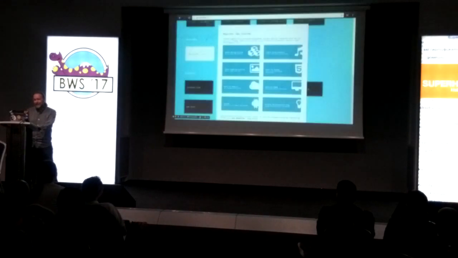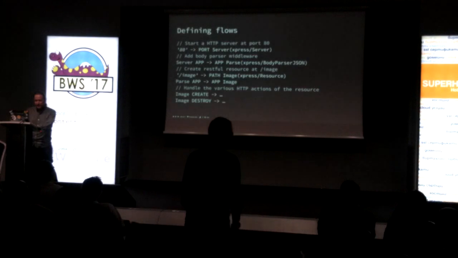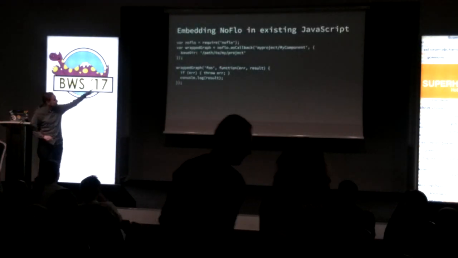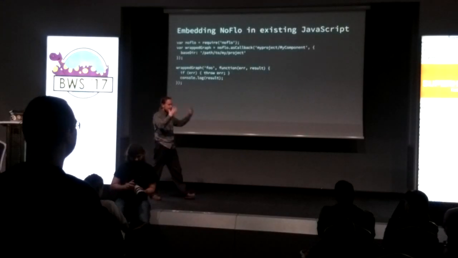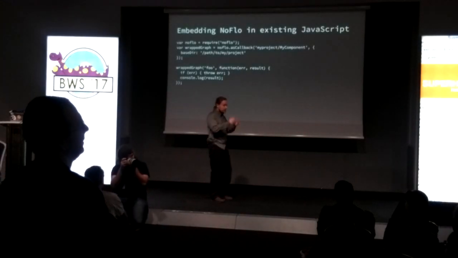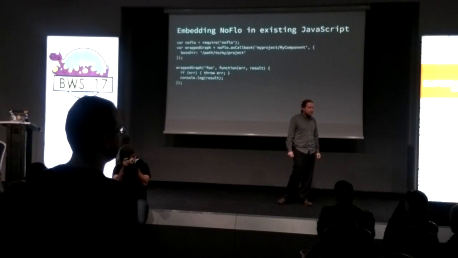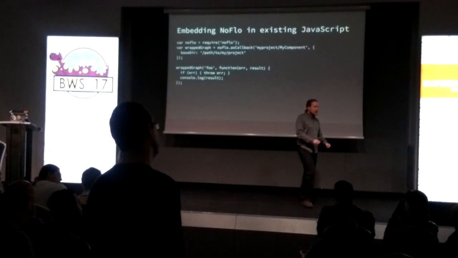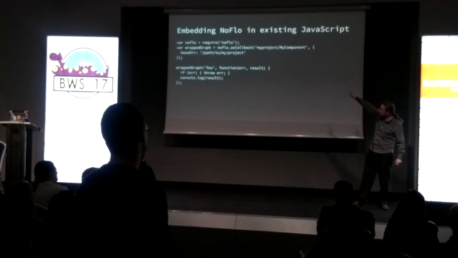Okay. I think I had an example here, to basically wrap a NoFlo graph. There's a couple of other APIs to do this, but this is an easy way to wrap a NoFlo graph into an existing JavaScript code base. The graph is defined by the path there that you give.